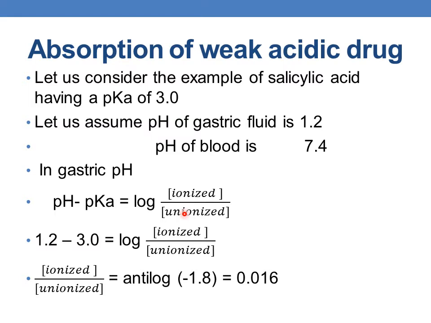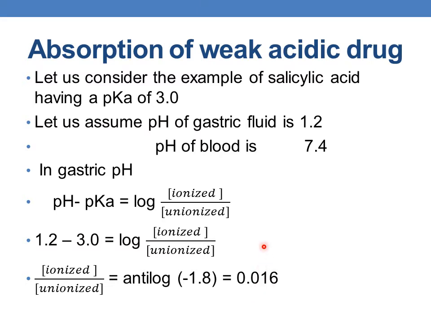By substituting the values in this particular equation, we get the value as 0.016. So the ratio of ionized by unionized for salicylic acid at gastric pH is 0.016 by 1.